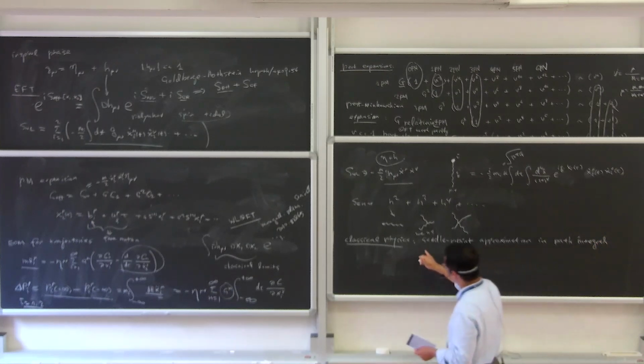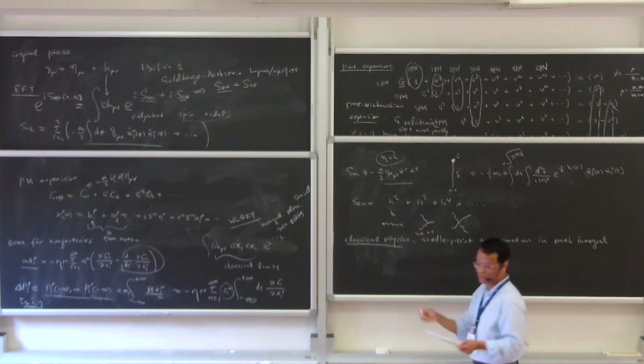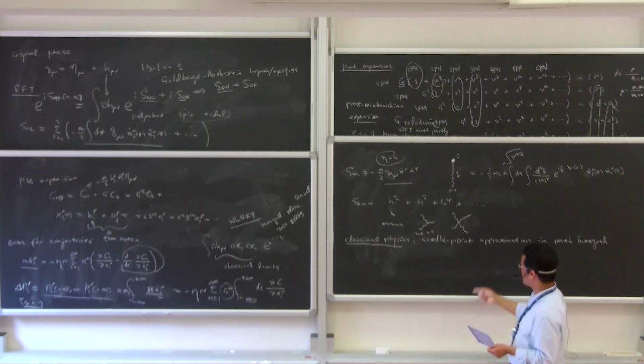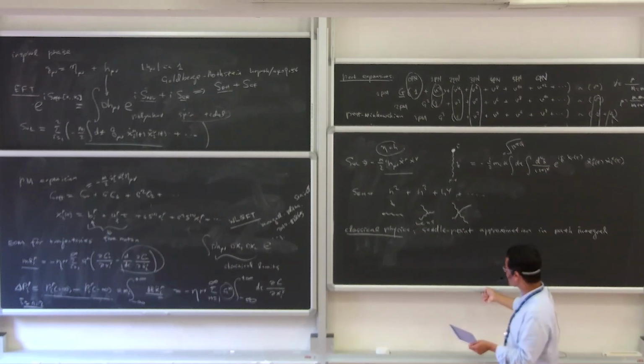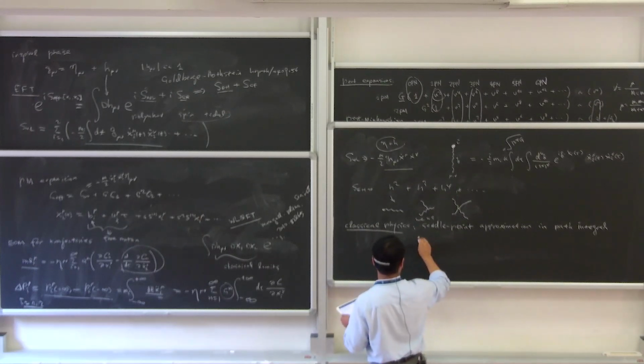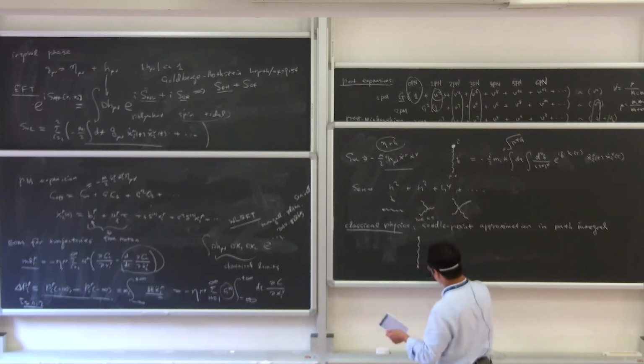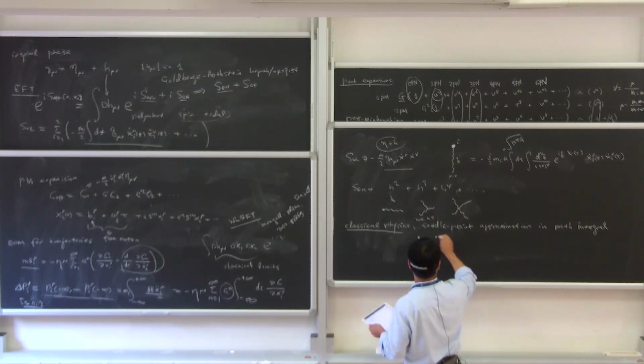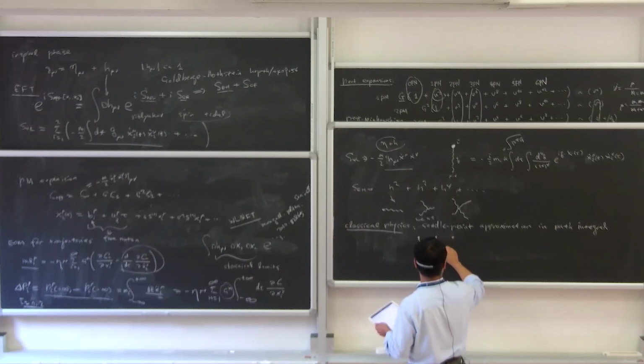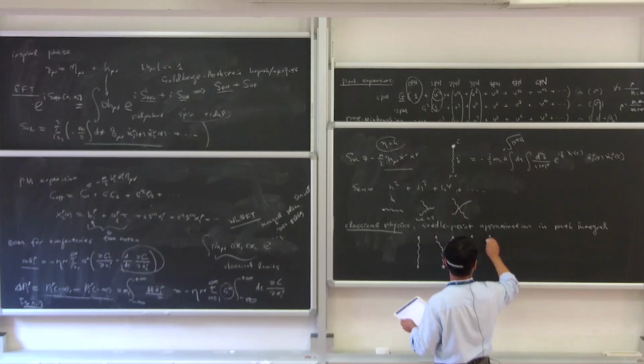So in Feynman diagram expansions, we just consider classical Feynman diagrams. The simplest are tree diagrams: 2-point diagrams, 3-point diagrams like this, and 4-point diagrams.